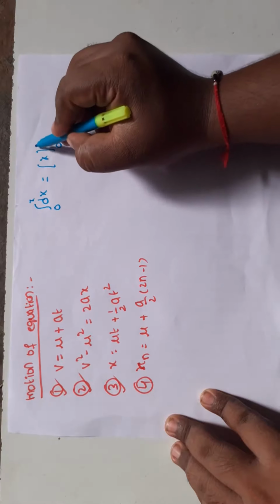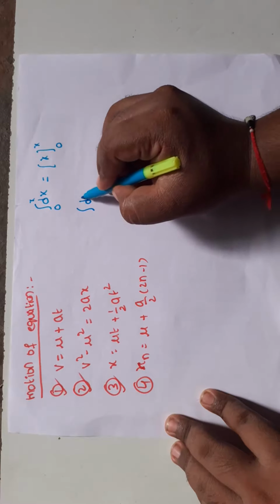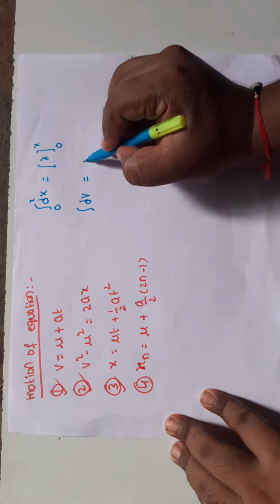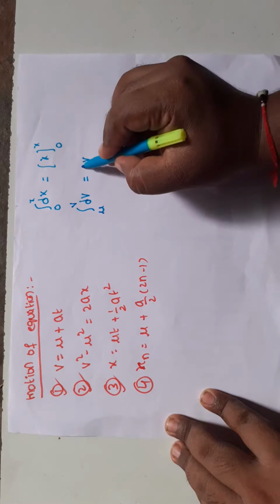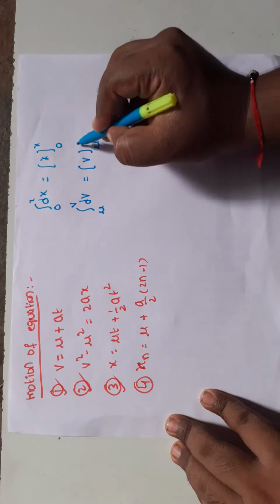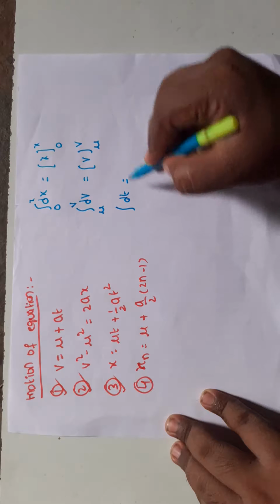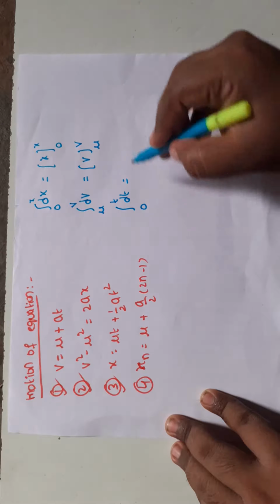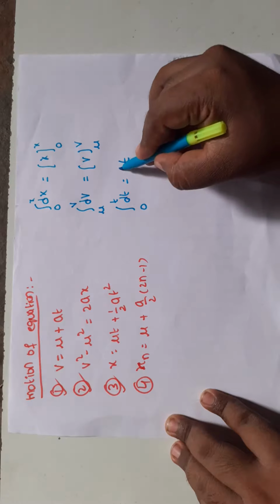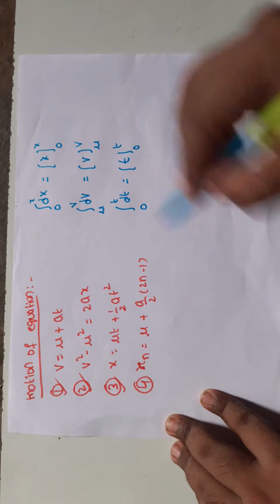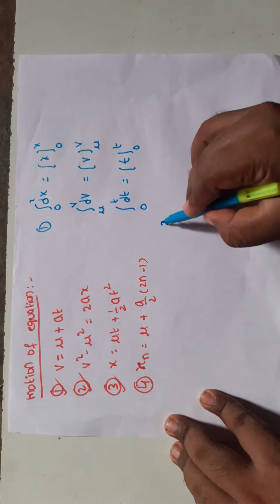The integral of dv equal to v, where velocity changes from initial velocity u to final velocity v. Similarly, the integral of dt from 0 to t equal to t. That is the first integral formula.